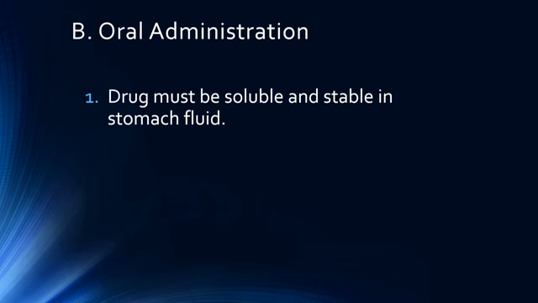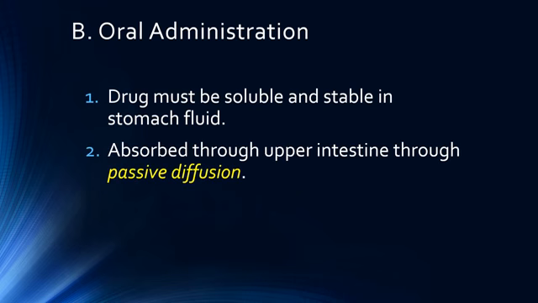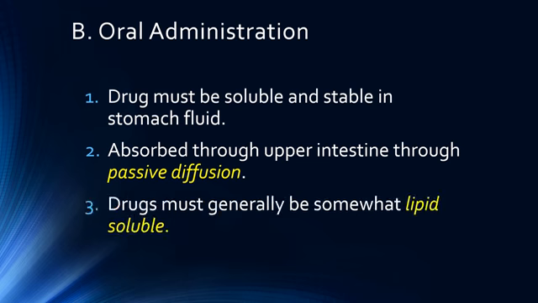In order for a drug to be administered orally, it must be soluble and stable in stomach fluid. It has to be absorbed through the upper intestine through passive diffusion. And it must generally be somewhat lipid soluble. That means it's dissolvable in fat. Some drugs are not lipid soluble at all, and some drugs are only lipid soluble. So a drug like Xanax or alprazolam is only lipid soluble.